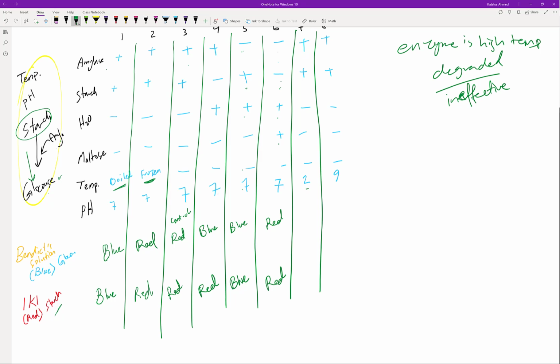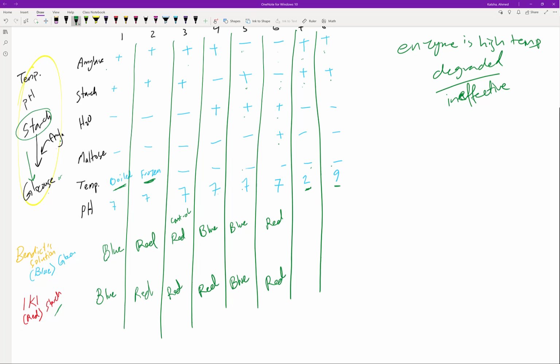Now, 7 and 8, we change the pH. There is amylase in both, there is starch in both, no treatment in temperature, it's only changes in the pH. And the changes of the pH will affect the effectiveness of the enzyme. So you would not expect a full conversion of the starch into glucose in both tubes, because this is extremely acidic and this is a little bit alkaline.